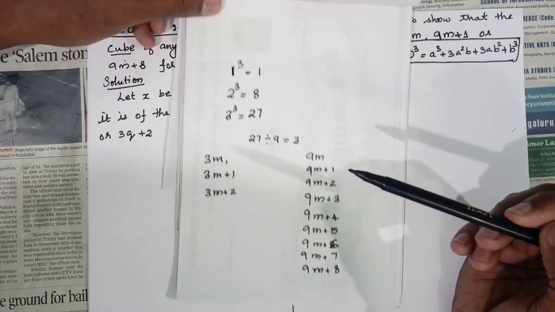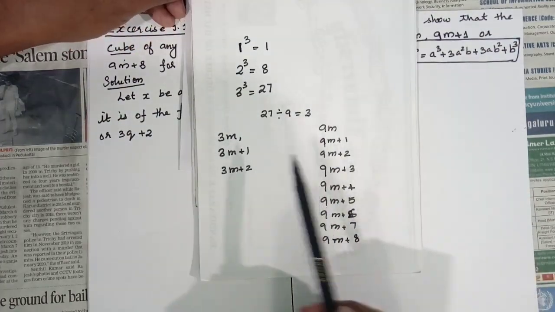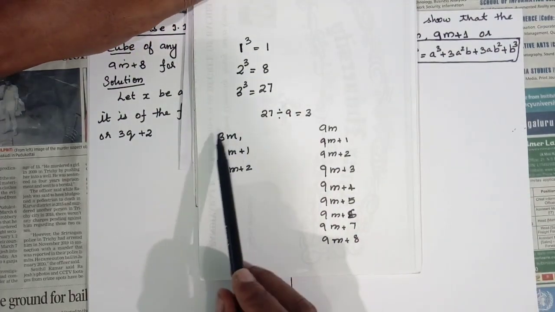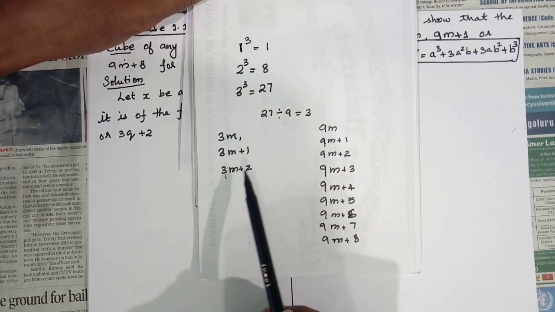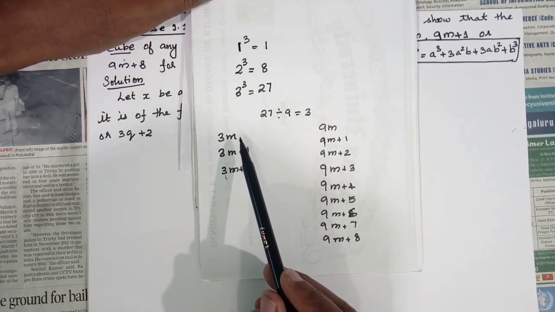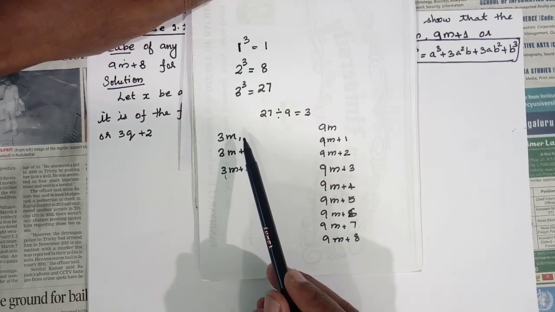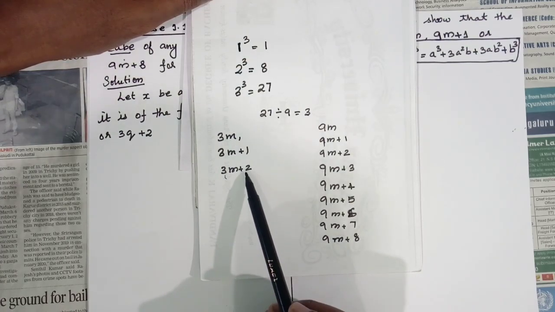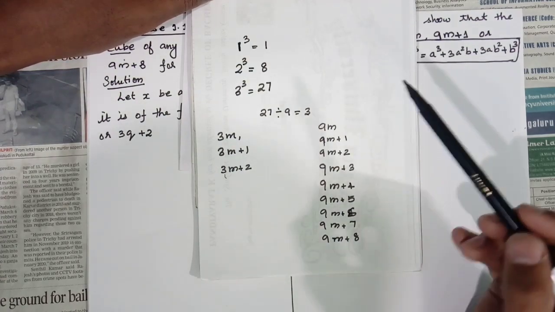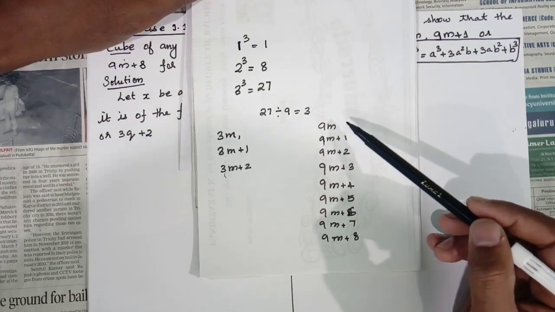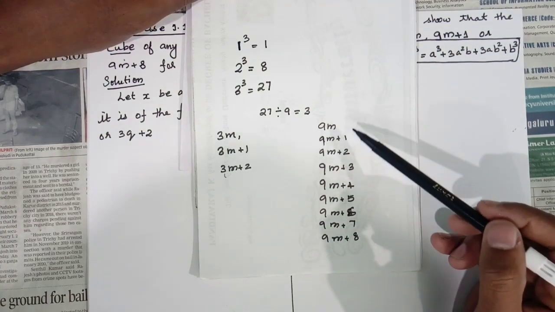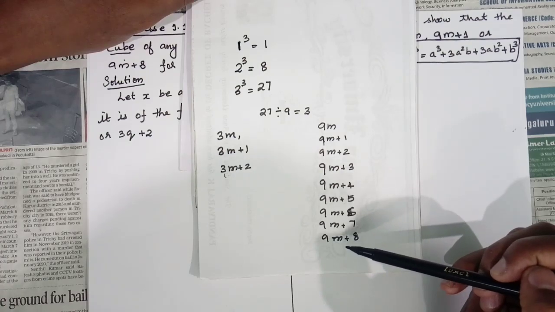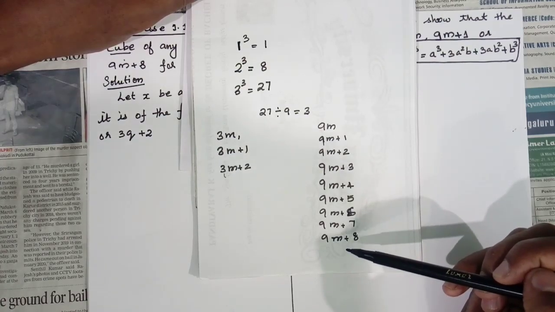Another reason is, if you take 3 as the divisor, we have only 3 forms of numbers, so it is enough to take 3 cases. Whereas if you take 9 as the divisor, there are 9 forms and we have to take 9 cases.